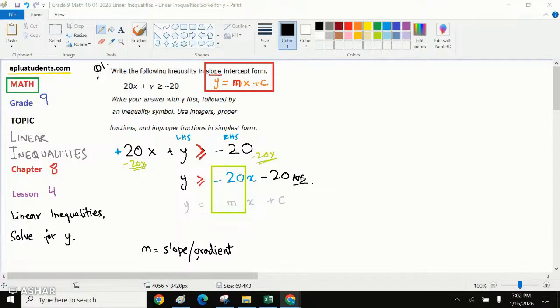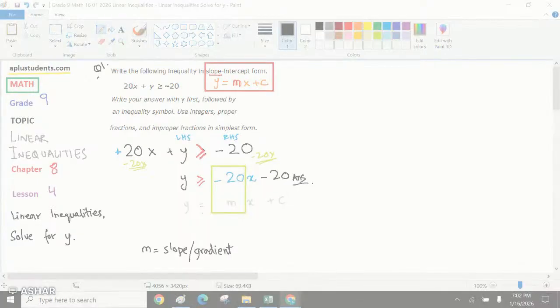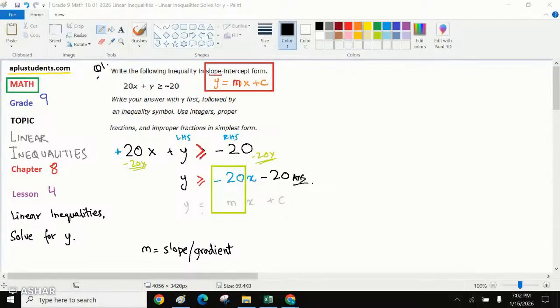Moving on to the next question. Are there any questions? We are trying to simplify linear inequalities and make y the subject. For the next question, let me just copy this, then we'll use this.